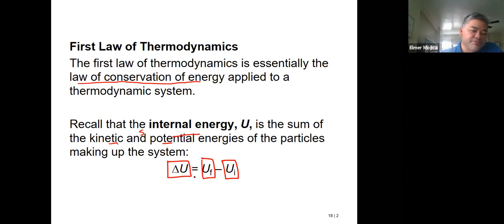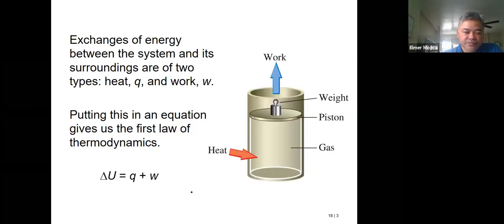And you learn that the change in energy has two forms, that's Q and W. I don't know if you recall what this means from your previous chapter.